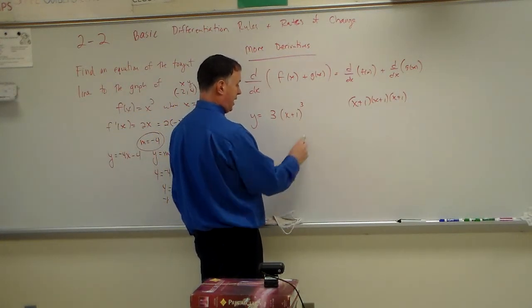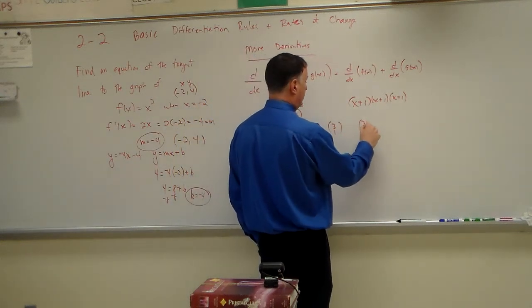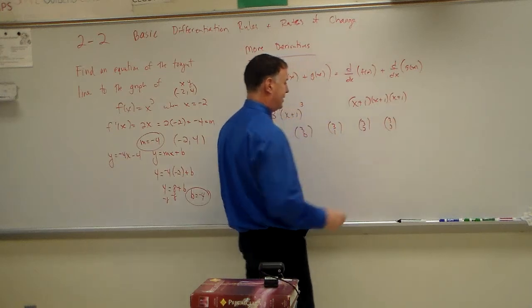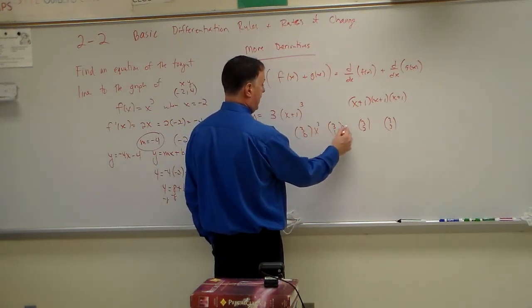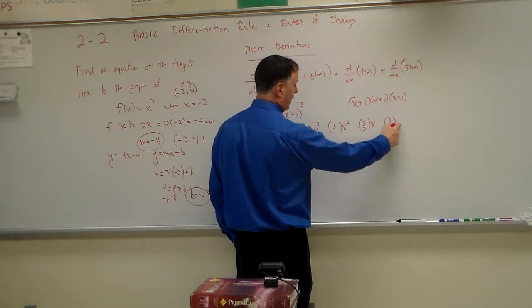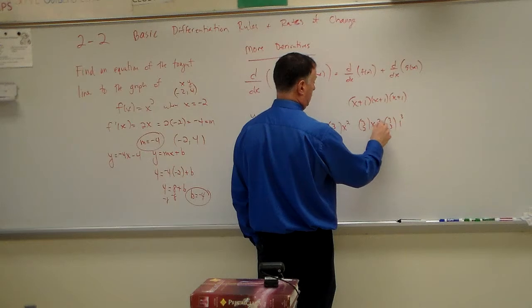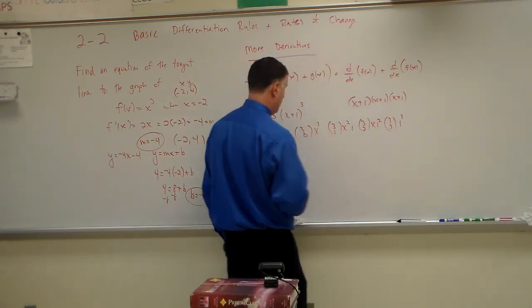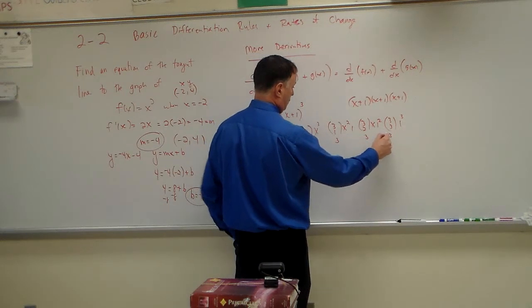This is 3, so I do 3, 0, 3, 1, 3, 2, 3, 3. And you're like, what's that? Take this term cubed, and then go down by 1, x to the 0. Take this term cubed, and go up, go this way. So this is 1, this is 3, this is 3, this is 1.